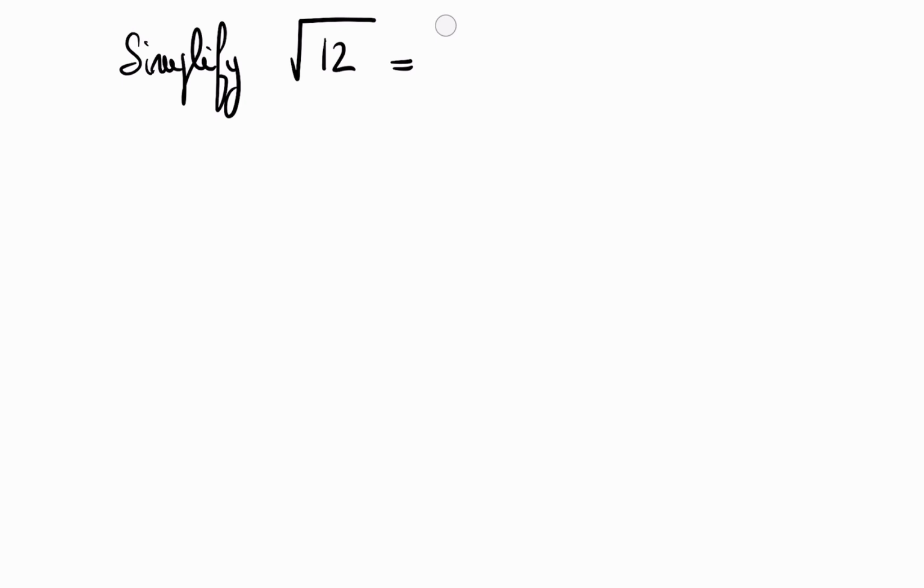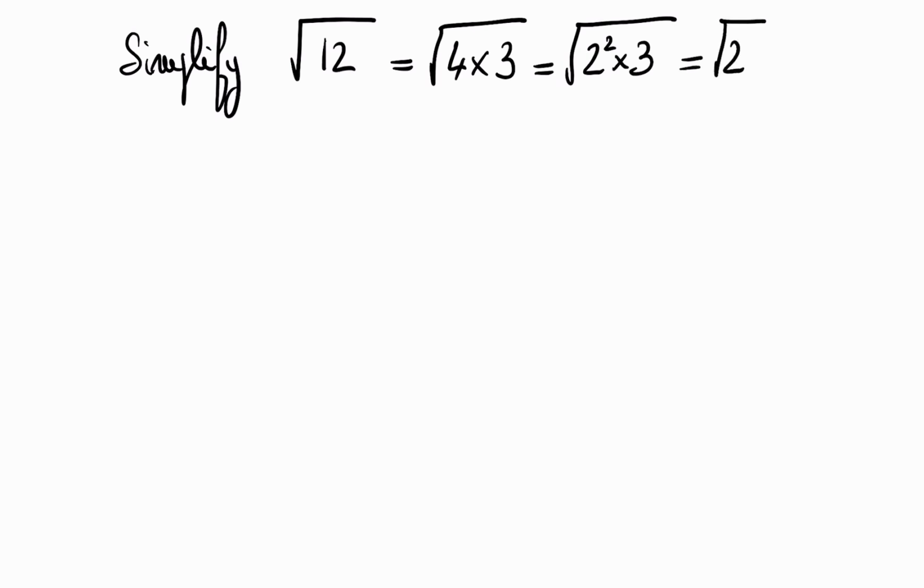Square root of 12 is equal to square root of 4 times 3, which is square root of 4 is 2, times square root of 3. Using what I've demonstrated above, this simplifies to 2 root 3.